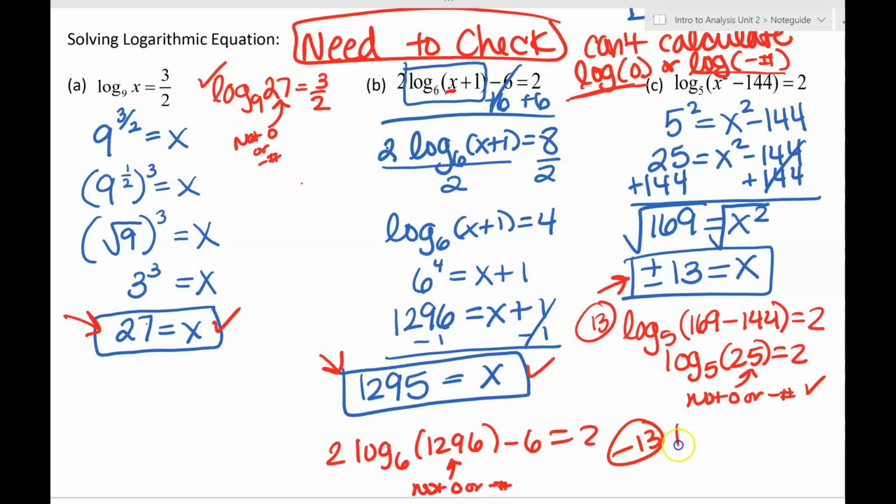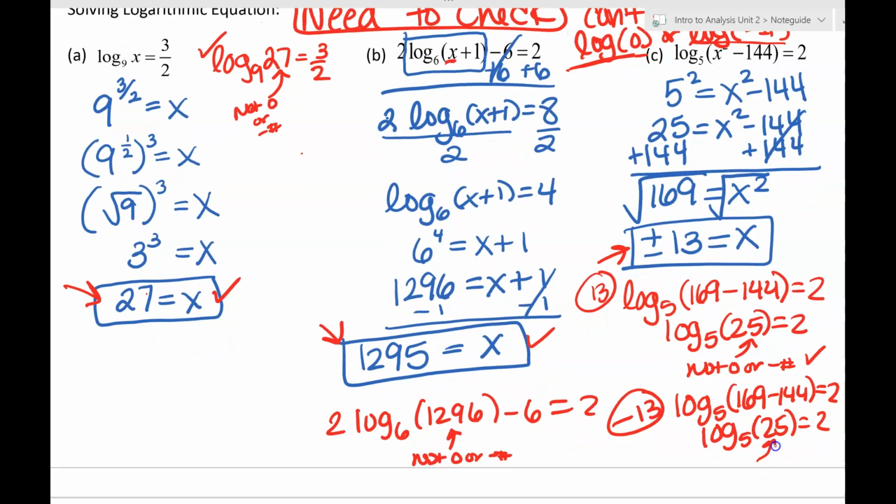Well, this actually works out fine. Even though 13 itself is a negative, when I plug it back in here, I get the same work that I would get for positive 13, which gives me log base 5 of 25 equals 2. And again, it did not create a negative inside of the logarithm or 0. So this is good as well, and both of these work.